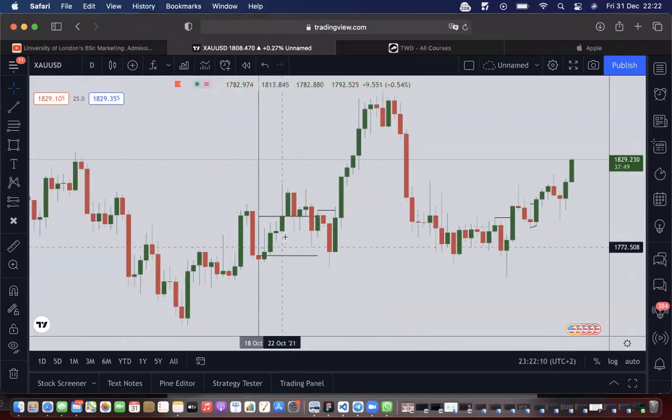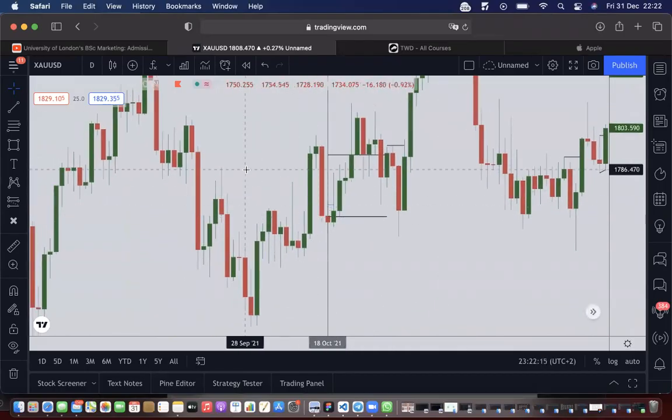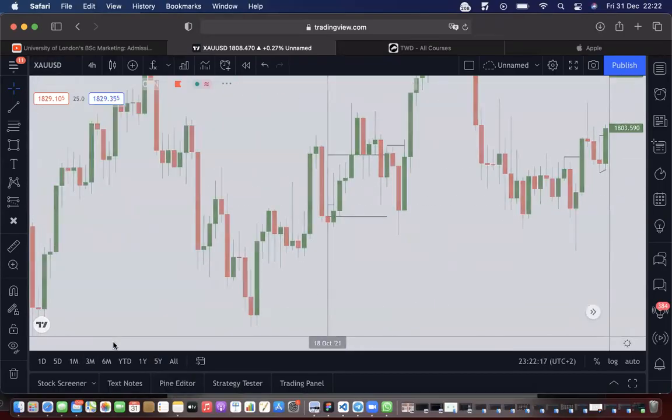So we move to, this is the zone here. That's daily. So we move to the 4 hours time frame.